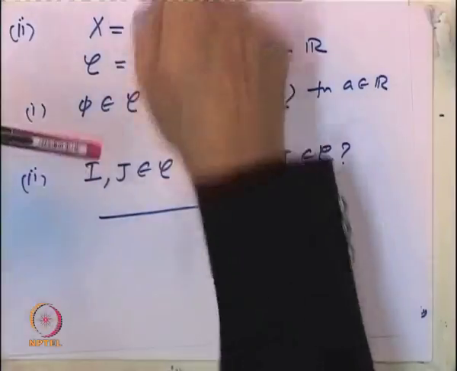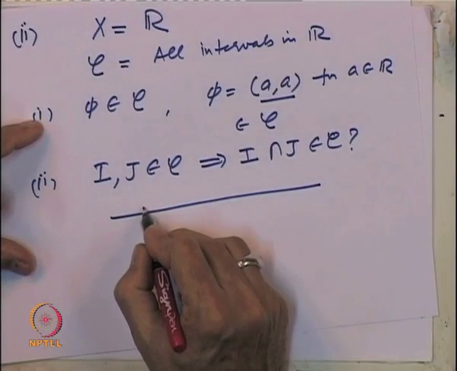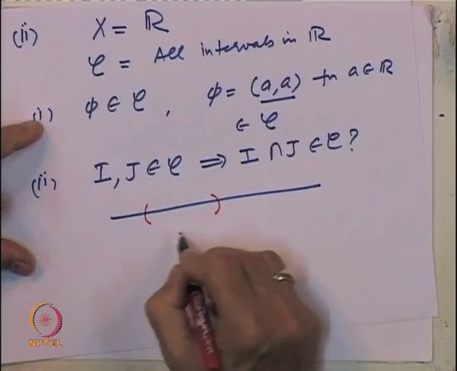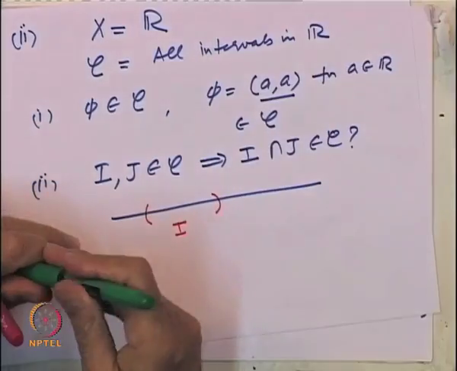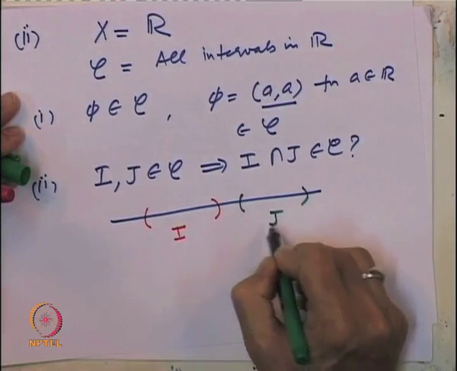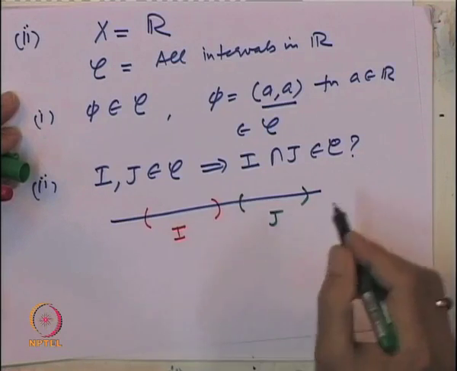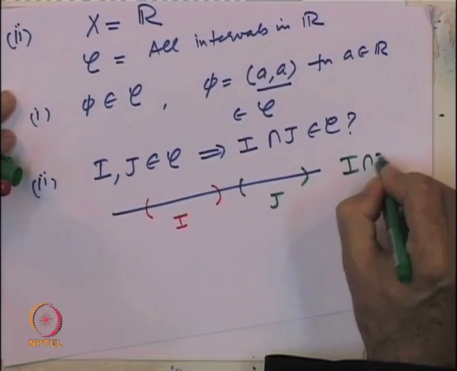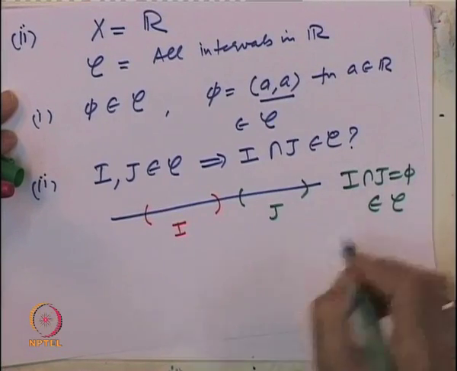Let us take two intervals I and J. So, here is the interval I and here is the interval J. One possibility is that they are disjoint from each other. So, here I intersection J is empty, hence belongs to C.